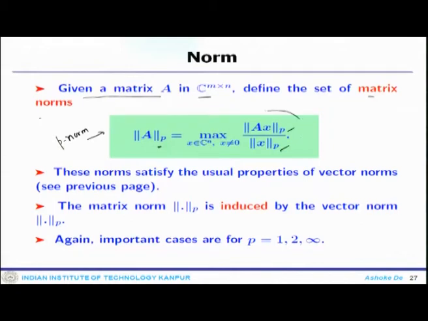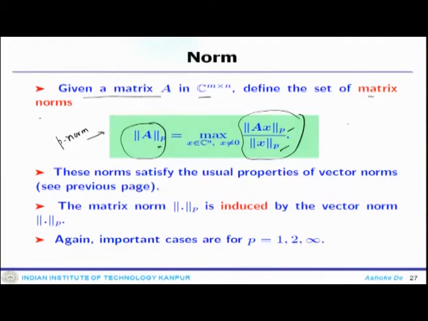That ratio is going to give me the P norm of this particular matrix. As we obtained the P norm for a vector, now we are expanding that same concept to get the norm for matrices.